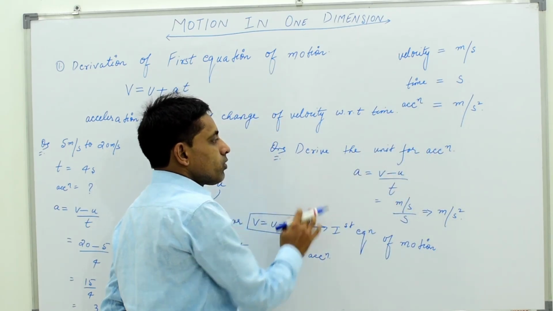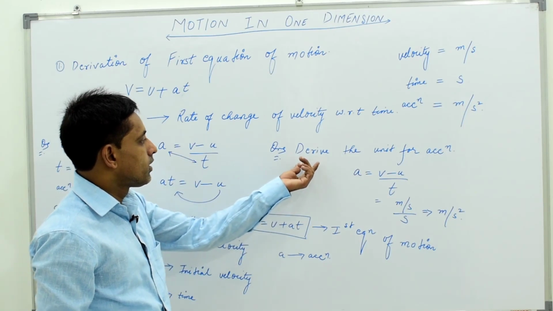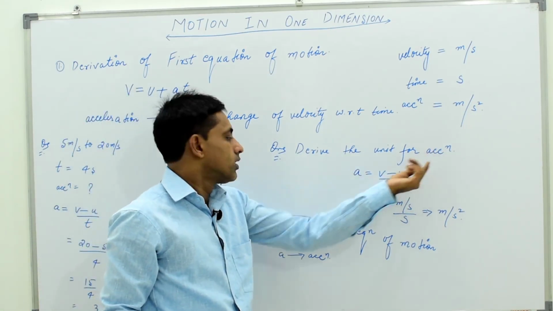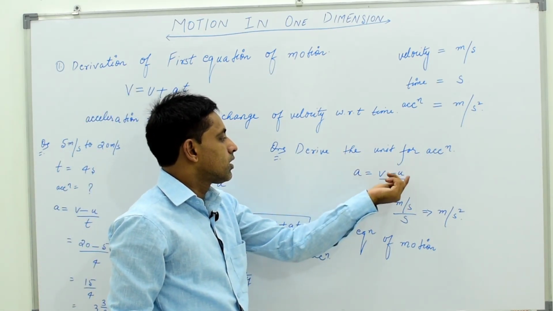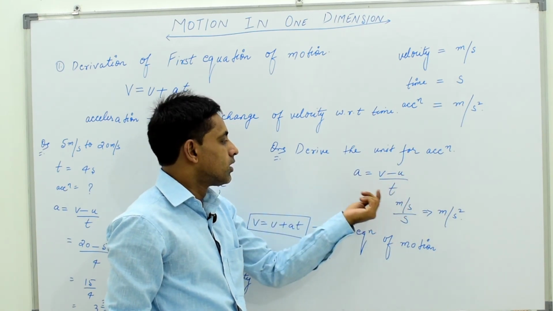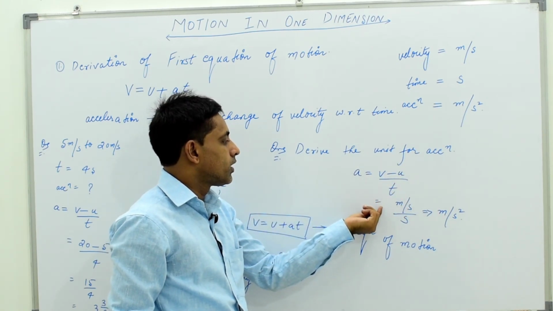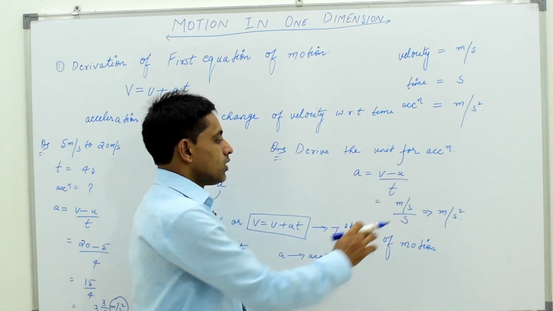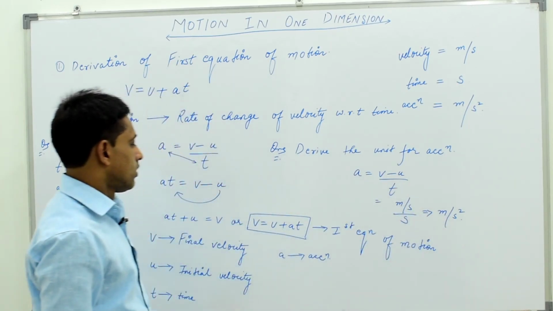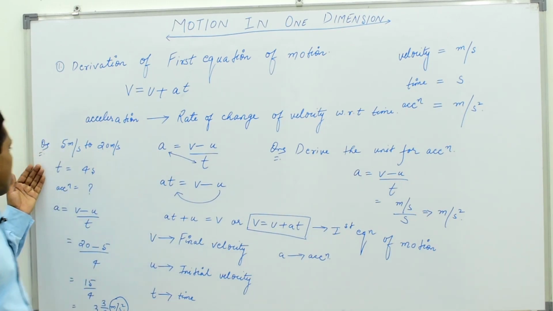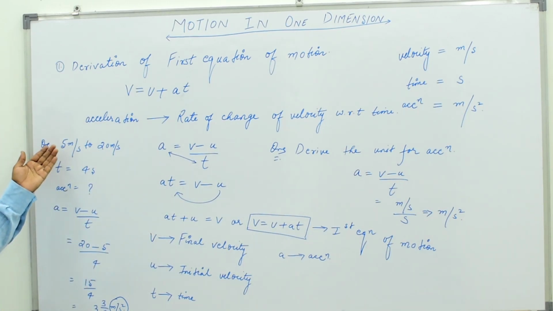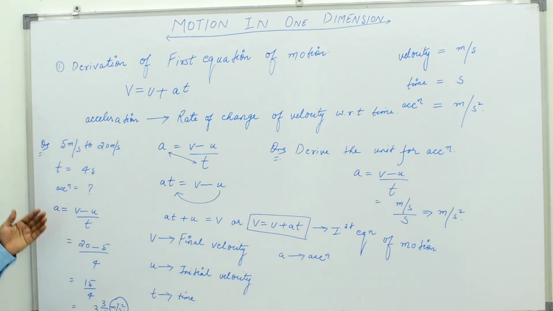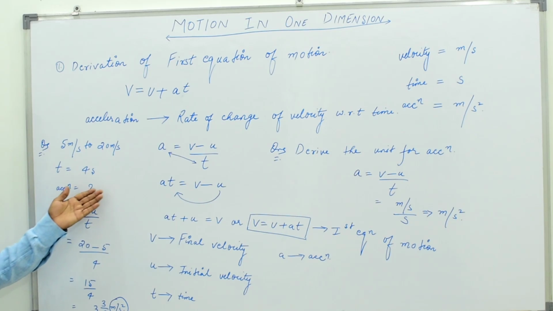A simple question was given to you for the practice, that derive the unit for acceleration. It is given as A is equal to V minus U over T. Just substitute the unit V minus U, meter per second, time seconds. So meter per second square. A problem for practice, that the velocity of a body changes from 5 meter per second to 20 meter per second in time t is equal to 4 seconds. We have to calculate the acceleration.